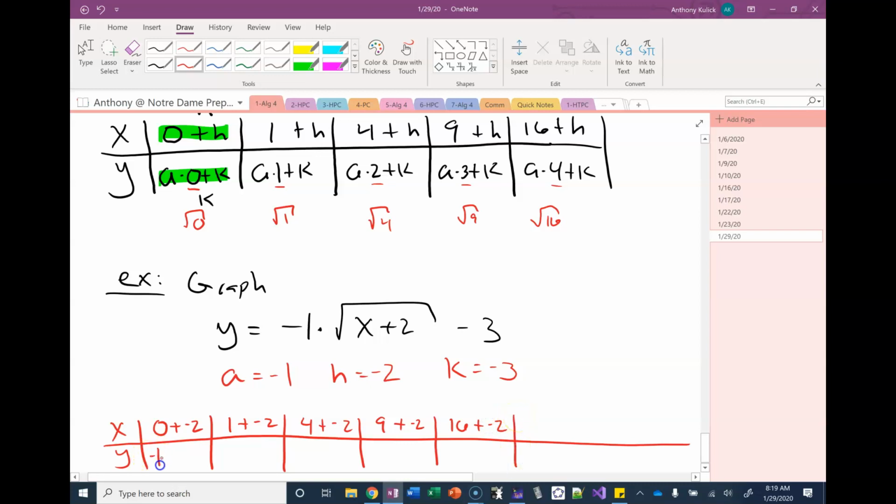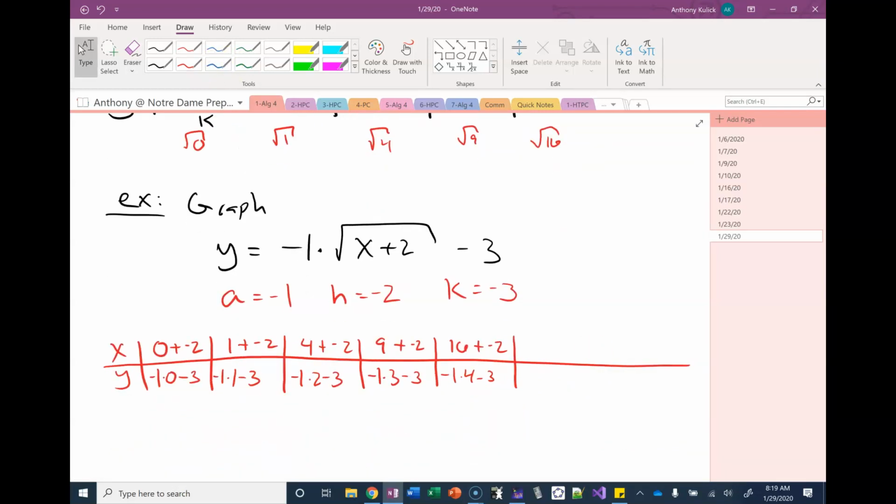Then I'm going to have a times 0 plus k, and then a times 1 plus k, a times 2 plus k, a times 3 plus k, and then a times 4 plus k. Is everybody okay with how I filled things in there? So now I'm just going to go ahead and do these little operations here.